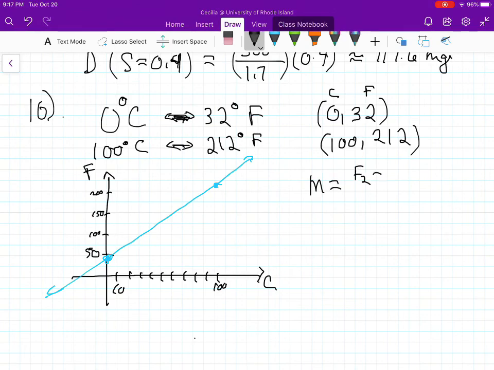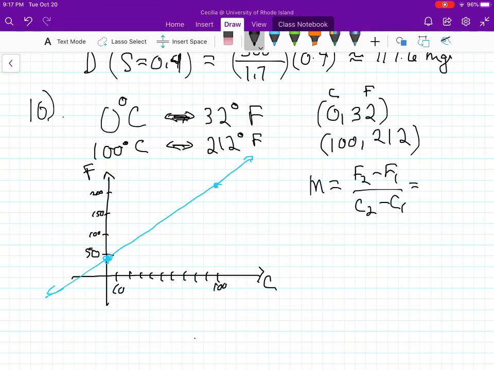So this will be rise, which for us, instead of being y2 minus y1, it's f2 minus f1 over run. And this is going to be, sorry, I'm getting ahead of myself, c2 minus c1. Okay?